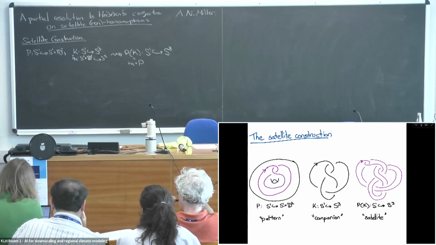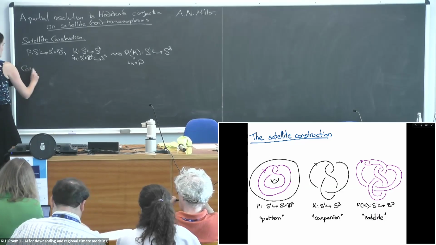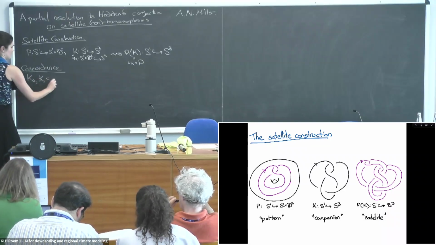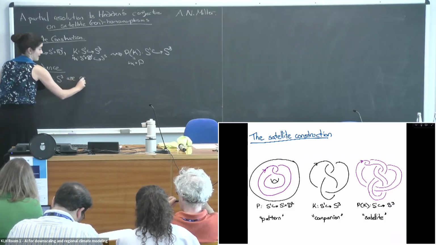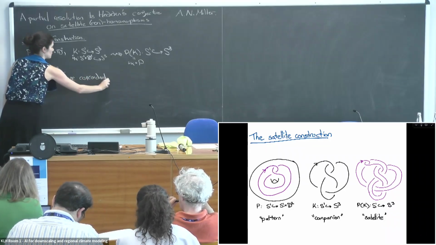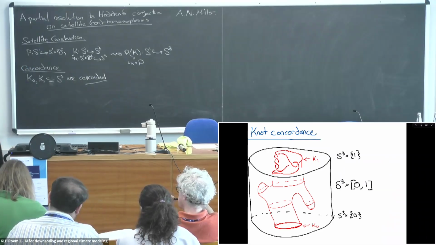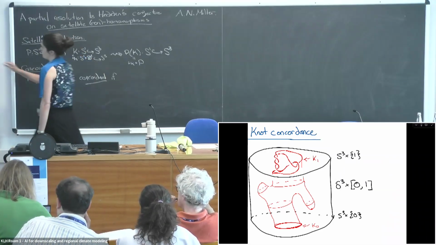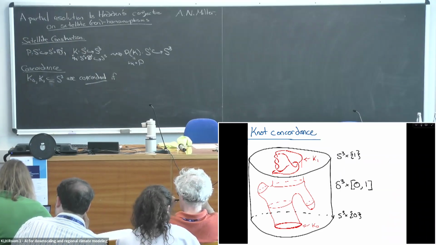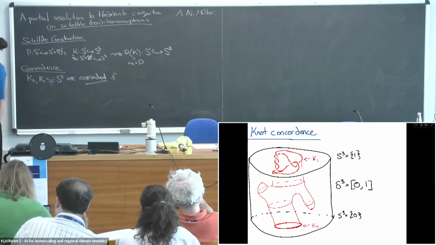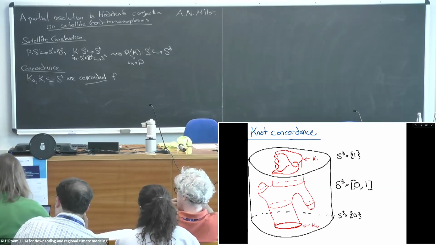But the other key definition I want to give, or remind you of, is of concordance, an equivalence relation on knots in S3. So we say that two knots, K0 and K1, are smoothly concordant if they co-bound an embedded annulus in S3 cross I. So here we're really thinking about K0 living in S3 cross 0, K1 living in S3 cross 1, and there's a smoothly embedded annulus between them, but the annulus itself is diffeomorphic to S1 cross I, but it's almost surely not embedded in a level preserving way.